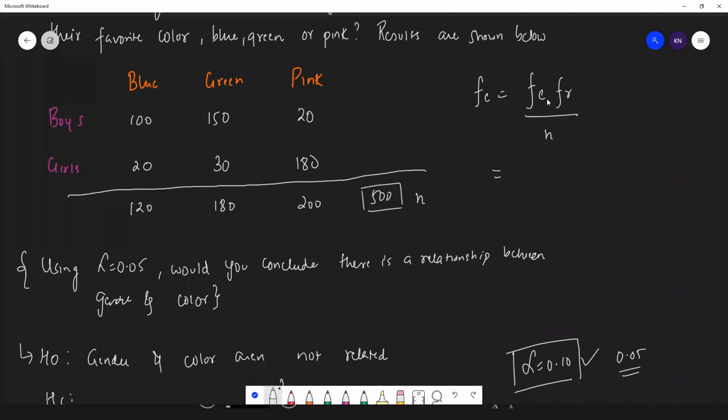What is f of columns? Let's consider boys and blue, the first combination. I have to apply this formula. So what is f of column? 100. Do you agree, everyone? Yes or no?